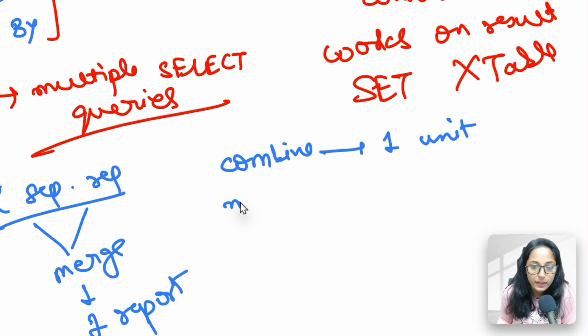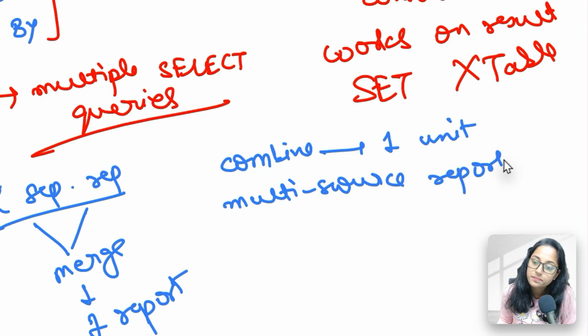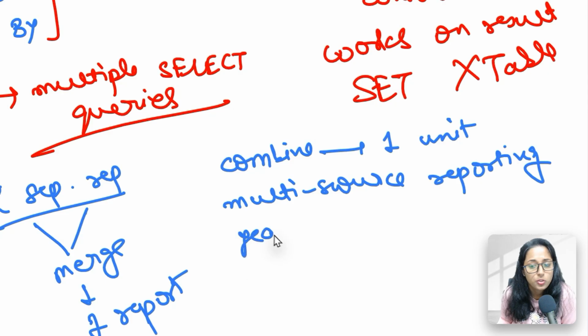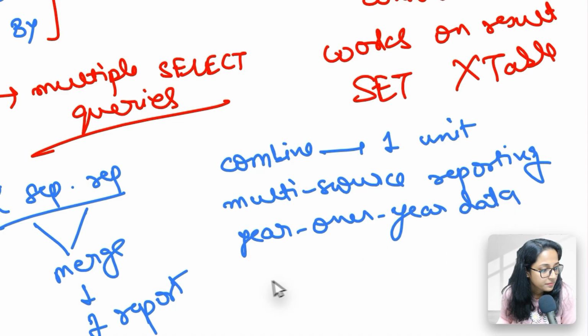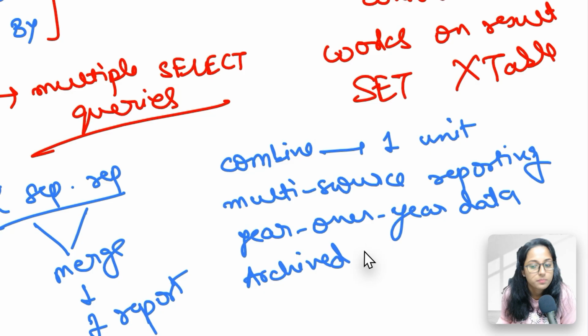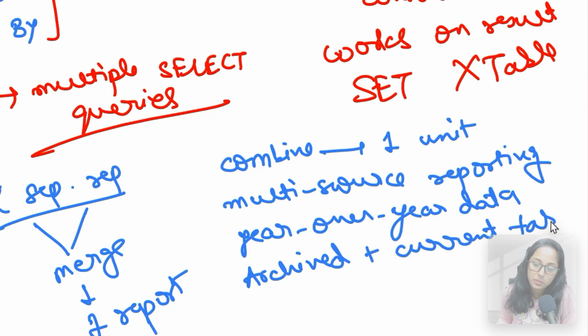So we get the advantage of multi-source reporting, we can see year over year data, and additionally we can see archived and current year tables.